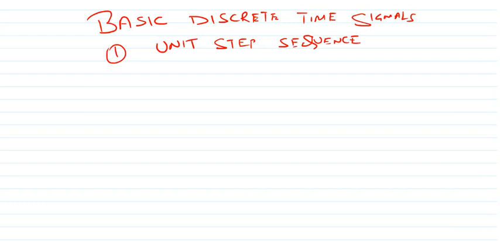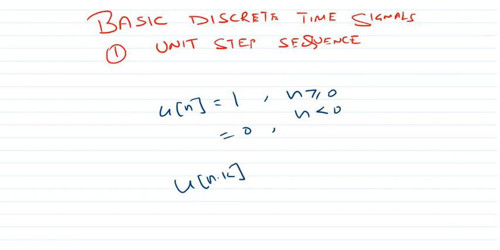What is the unit step sequence? u[n] equals 1 for n greater than or equal to 0, and it is 0 for n less than 0. If we consider the delayed version, then it is 1 for n greater than or equal to k, and it is 0 for n less than k.